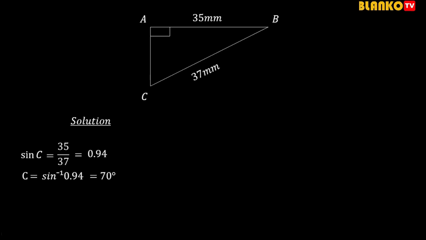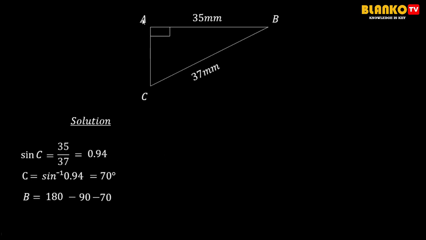Okay, so let's now solve for the angle at point B. B is equal to 180 minus 90 minus 70. Why? Because the angles in a right angle triangle add up to 180.